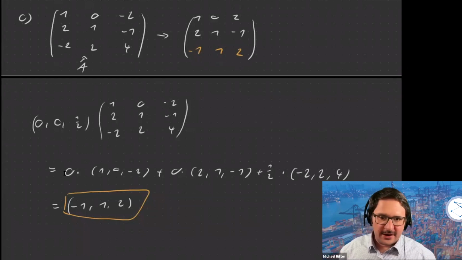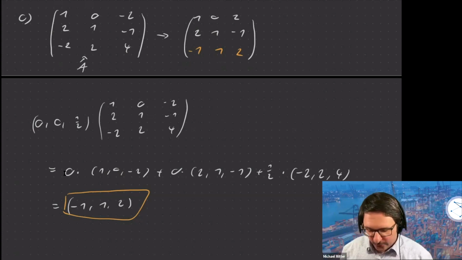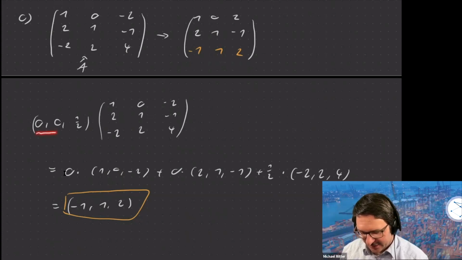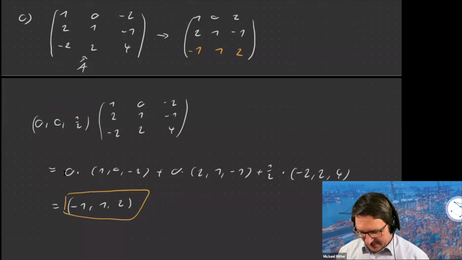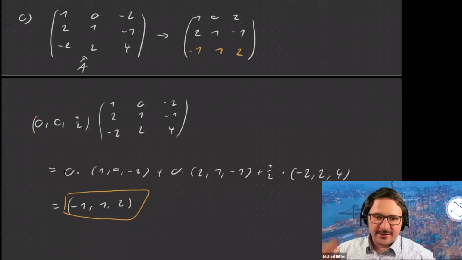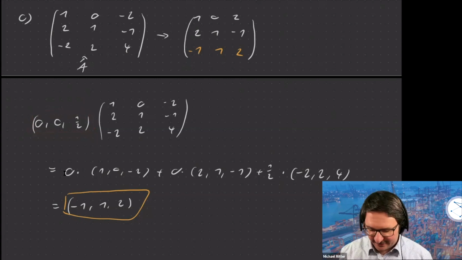And of course, I want 3 rows, not just this one row. So to get more rows, I'm not just multiplying with 1 row on the left, but I have to multiply with 2 more rows then. The result of this, I want to be the 3rd row of my result. So this needs to be the 3rd row of whatever I put on the left.